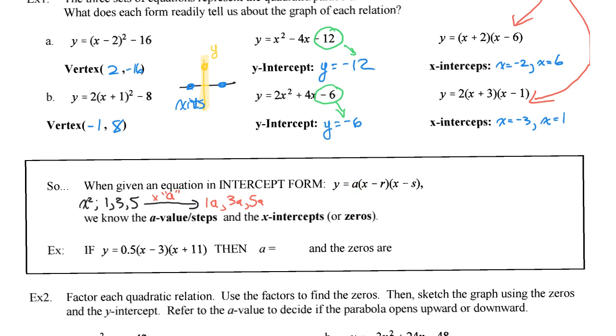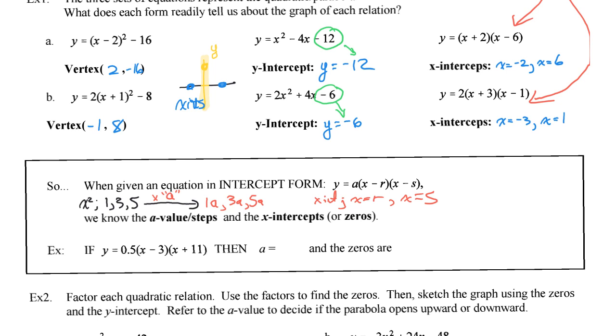Now, those give you the idea of whether the graph opens up or down, and then these tell us where they cross the x-axis. So here is the thing. Remember, if I have this, x - r, x = r and x = s are my x-intercepts.